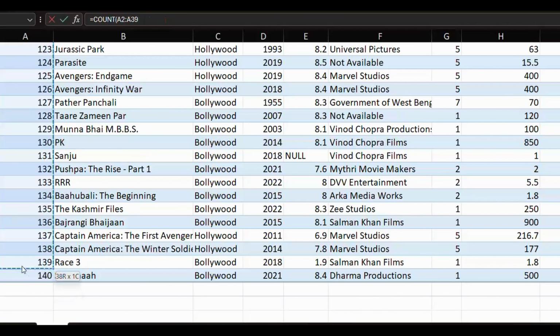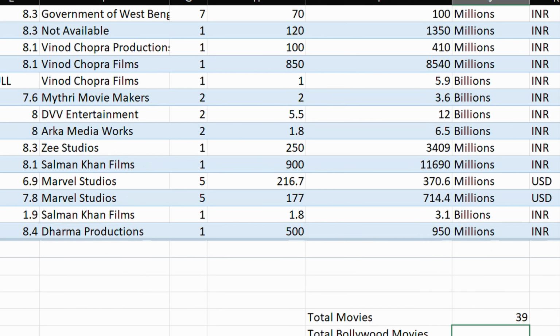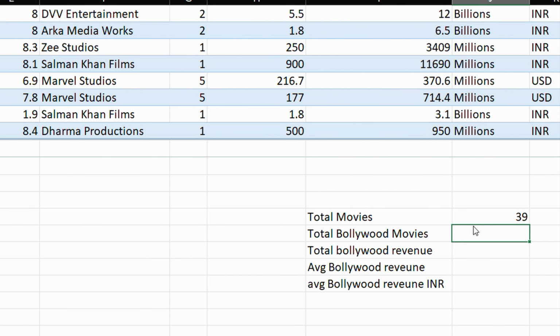Okay, go to this one and close the bracket. You will get the total movies is 39. And the total movies of Bollywood, what you can do, you can use the count, but you have to find only Bollywood movies, right? So if you are counting all the movies, then you will get the total 39.